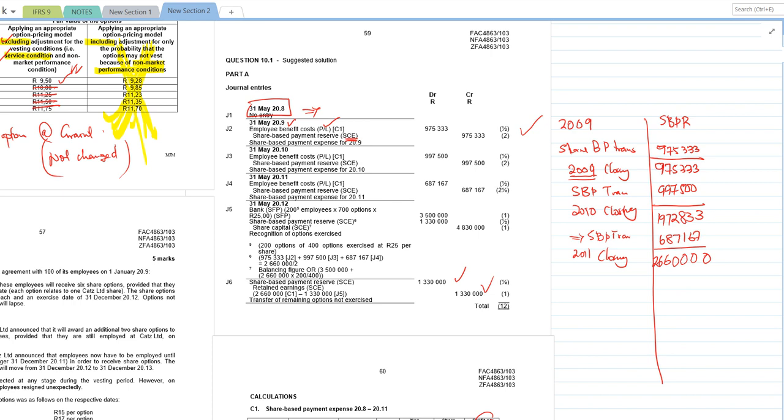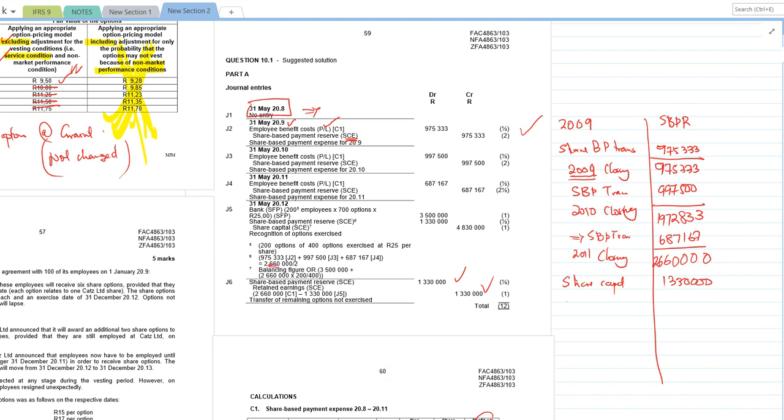So half of this is now going to be share capital because we're issuing now. Share capital, and that's going to be 1,330,123, right?